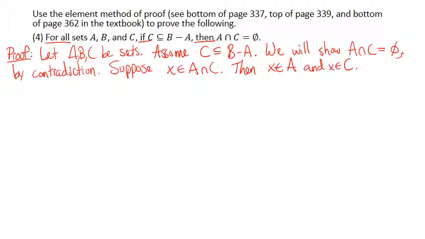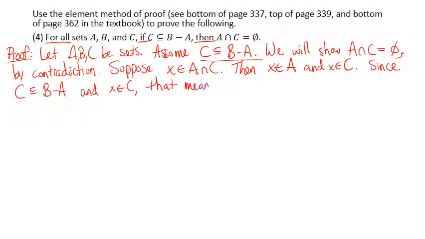Now at this point, what else can we say? We've used everything except for this subset assumption that we made. So let's use that. Since C is a subset of B minus A and X is an element of C, that means X is also an element of B minus A. This is quite helpful, because since X is an element of B minus A, what does that tell us?